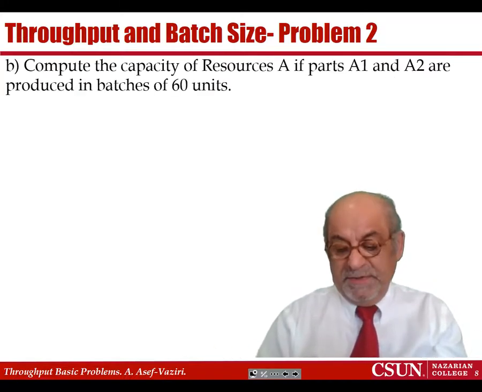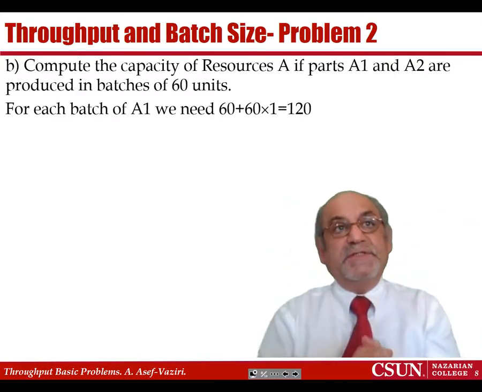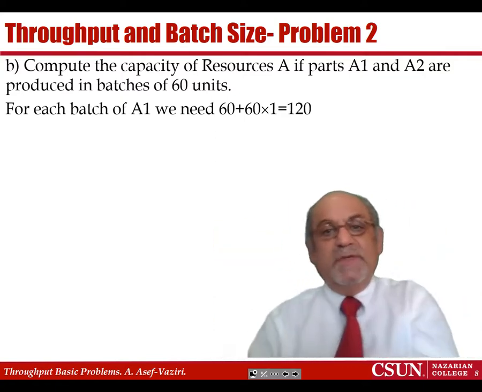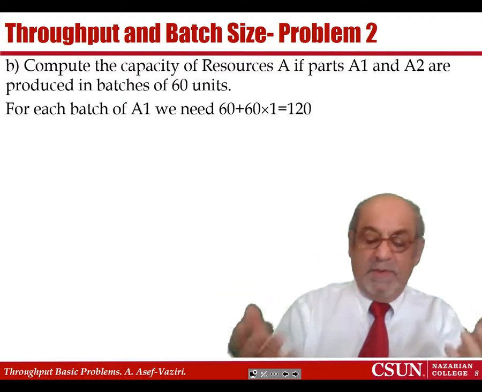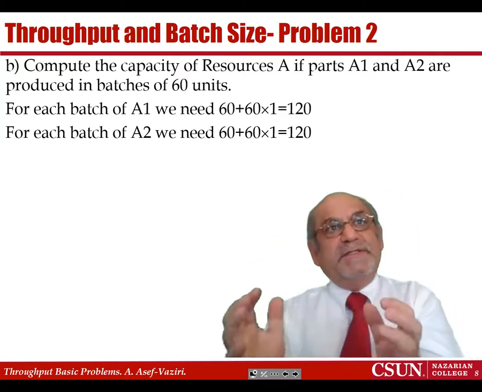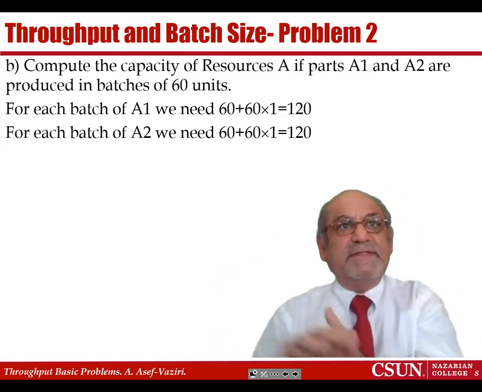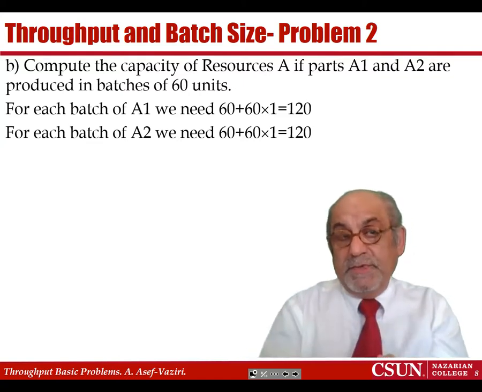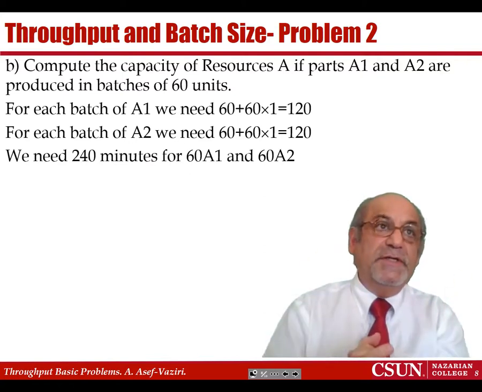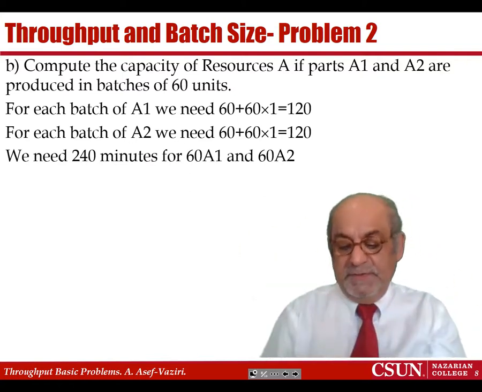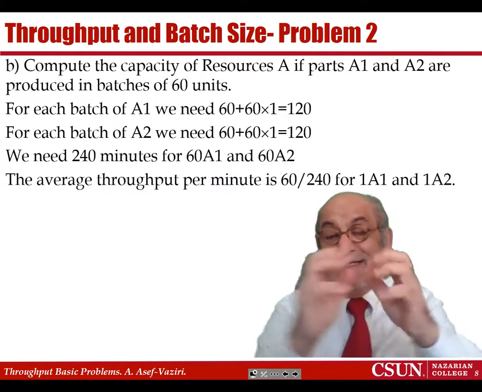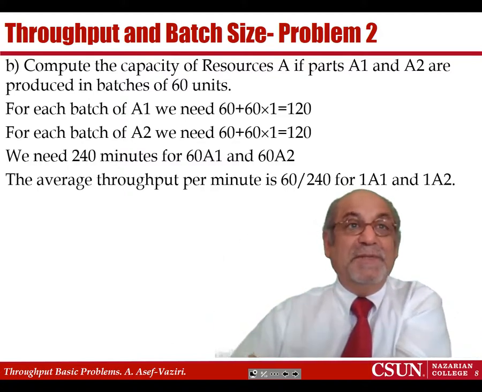Batches of 60 units for product A. For 60 units of product A, we need 60 minutes setup time plus 60 times 1, 60 minutes operations time, 120. For product A2, we need 60 minutes again for setup time and 60 times 1 for production time, 120 plus 120, 240 for 60 A1 and 60 A2. We produce 60 units in 240 minutes.